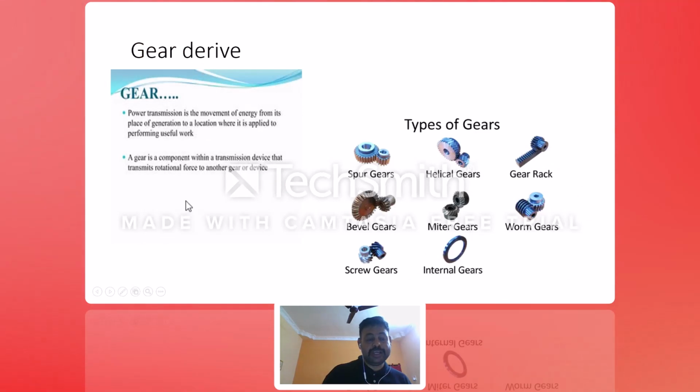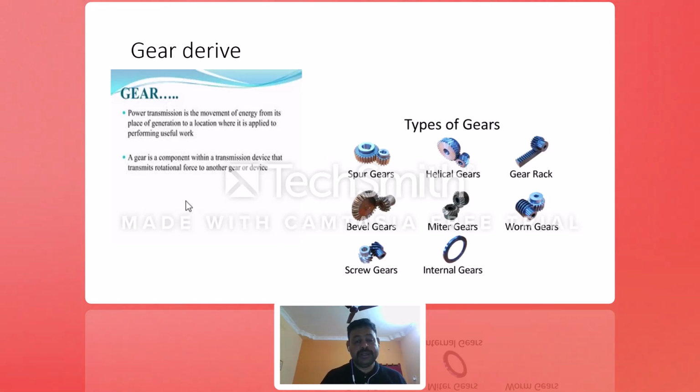Next, I am coming to gear drive. So gear drive you can see in a lathe or your gearbox, whether it is a two-wheeler or a four-wheeler. The power is transmitted through the gearbox. Just understand what is the need for a gearbox in a two-wheeler. If gearbox is not there, you will go with the unit speed, right?